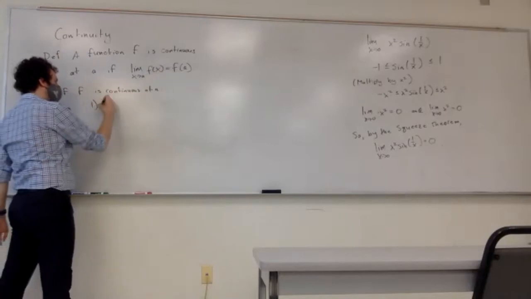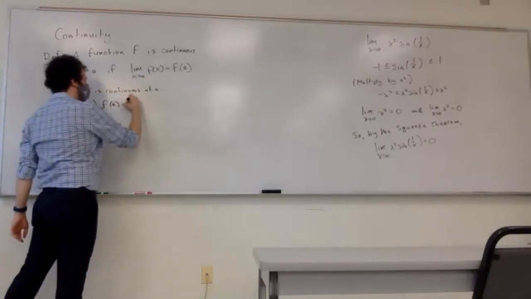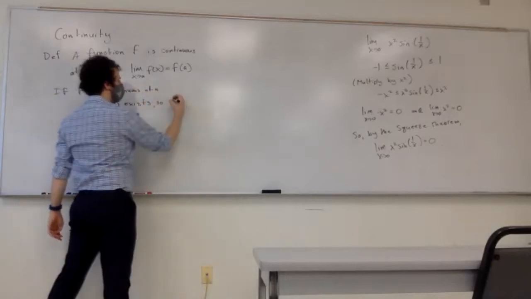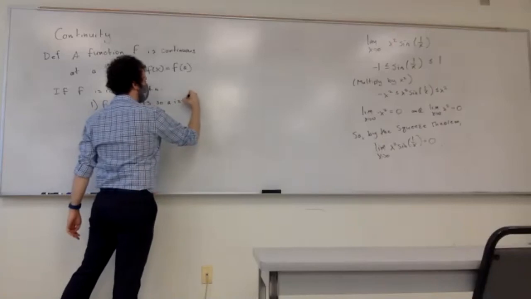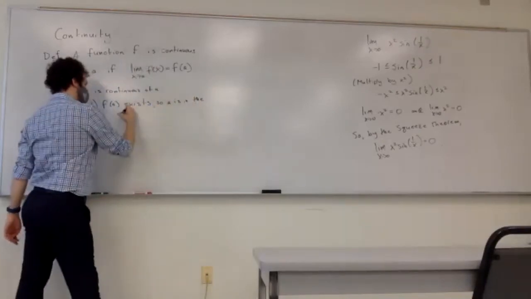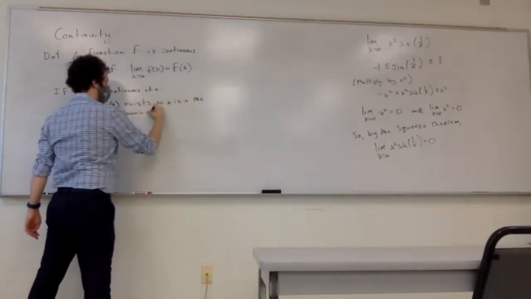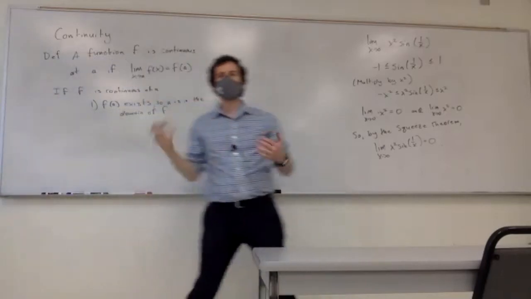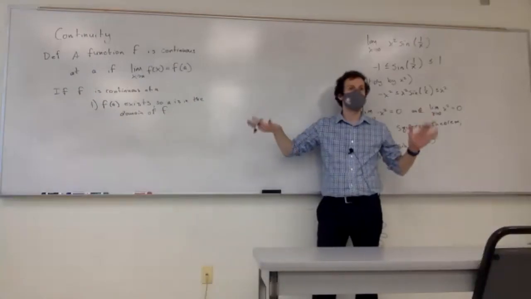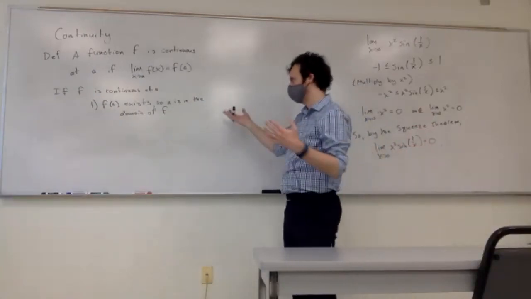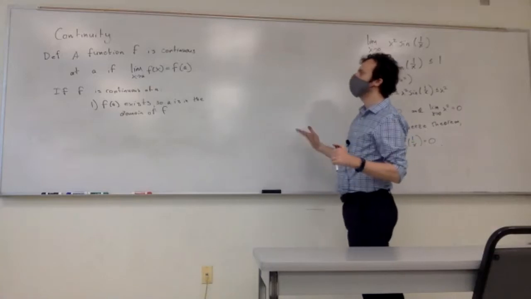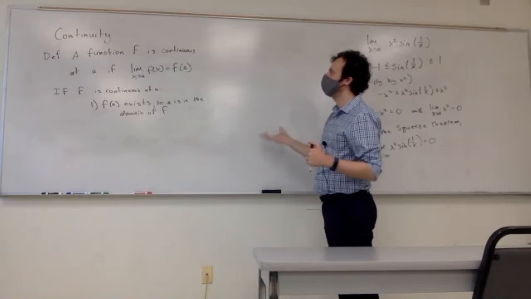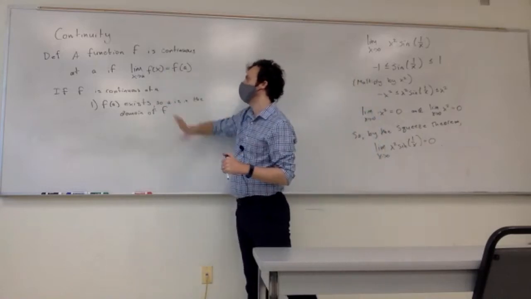So first up is that f of A exists. Or said in another way, A is in the domain of the function. So if your function isn't even defined, it's definitely not continuous. So we'll still be caring about the domain, but even if you're defined, you might not be continuous.